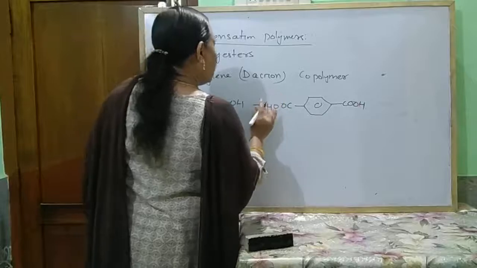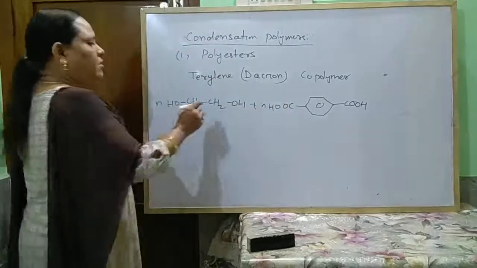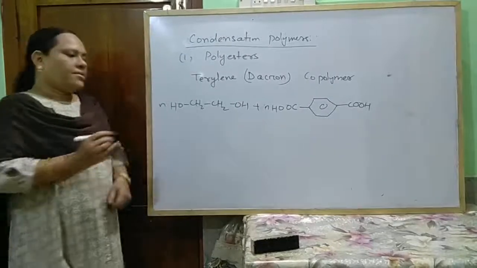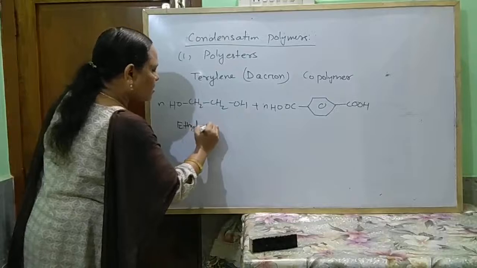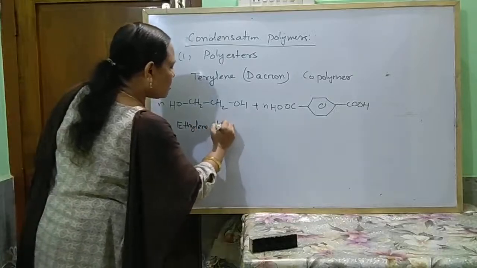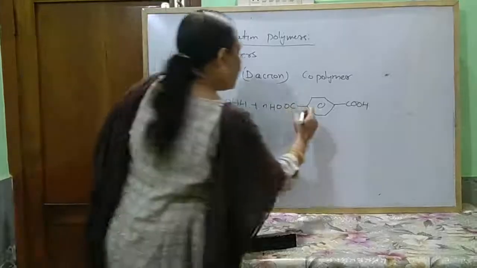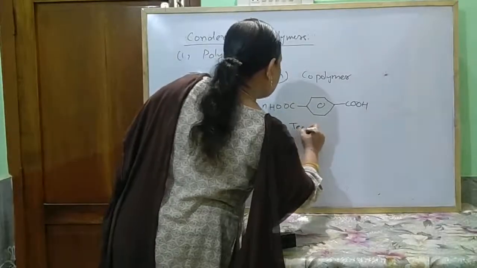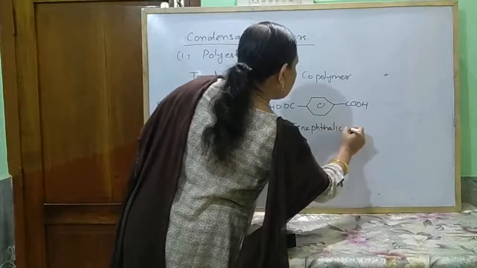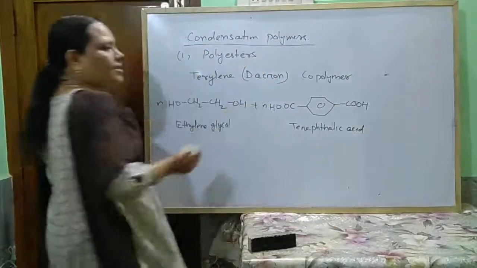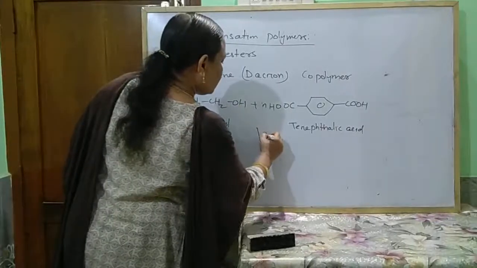So n number of this and n number of ethylene glycol. This is ethylene glycol, or ethane-1,2-diol, and this is terephthalic acid, and these two undergo polymerization.